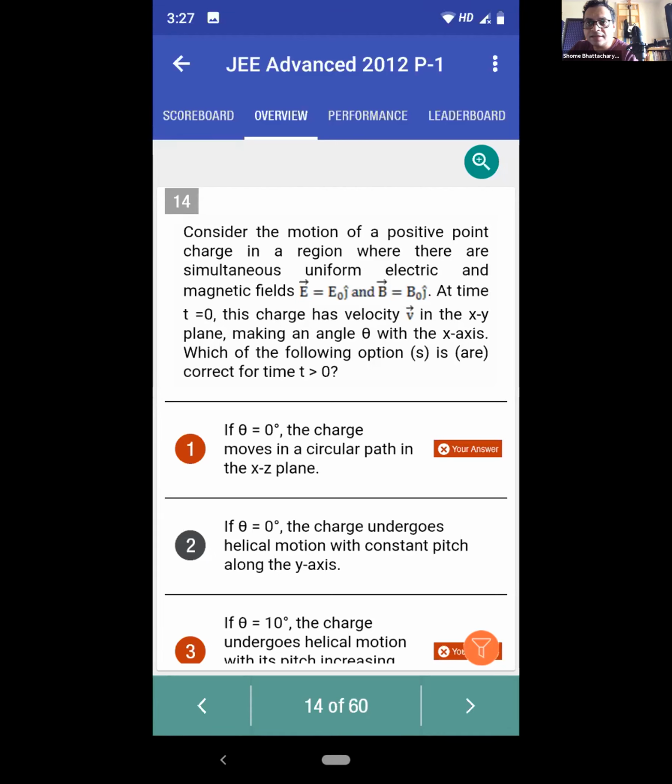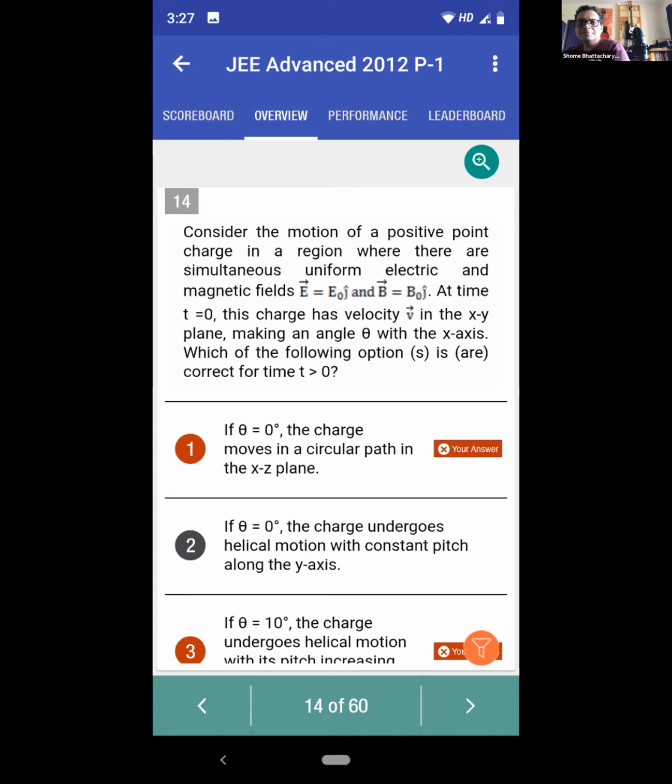You can see that the electric and magnetic fields are parallel, right? They are both along j cap. At a certain time, the charge has a velocity v in the xy plane, making an angle theta with the x-axis. Which of the following options is or are correct? If theta equals 0, the charge moves in a circular path, and so on.